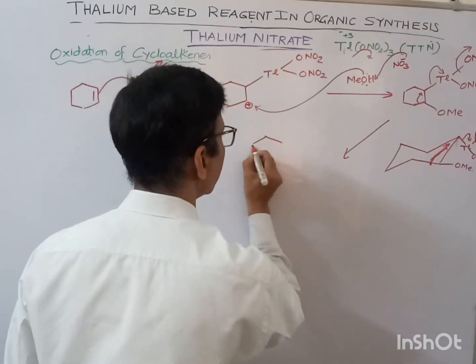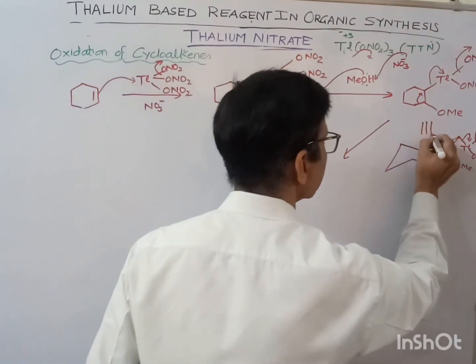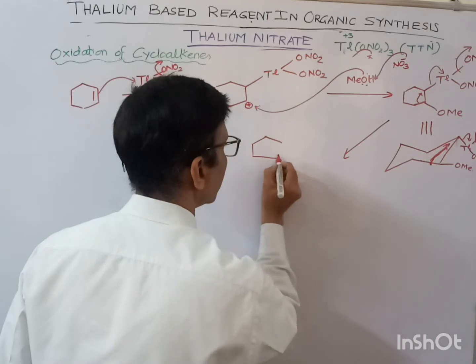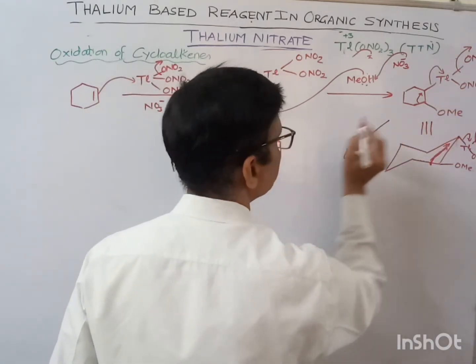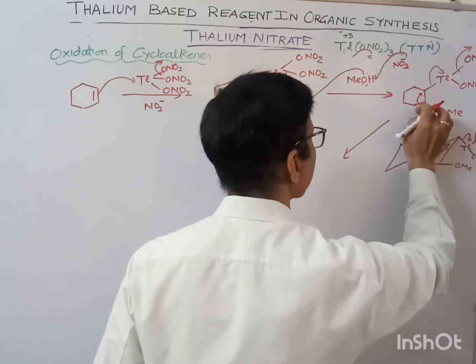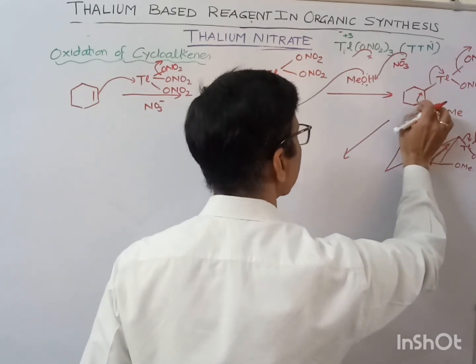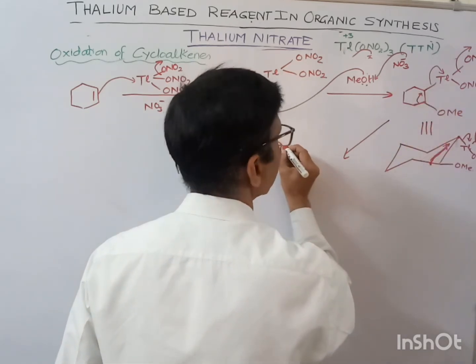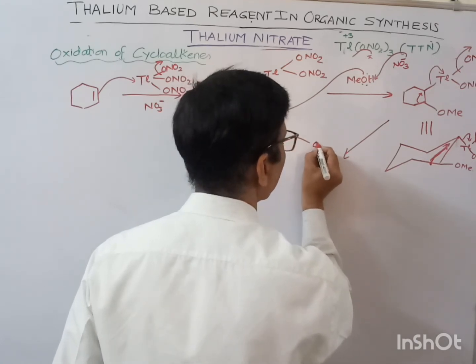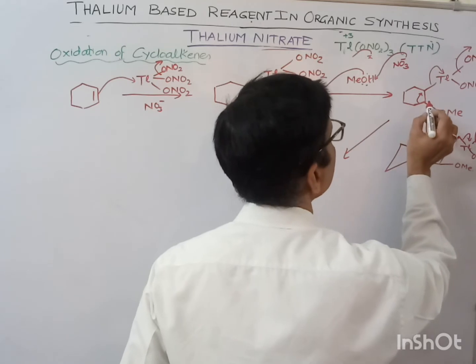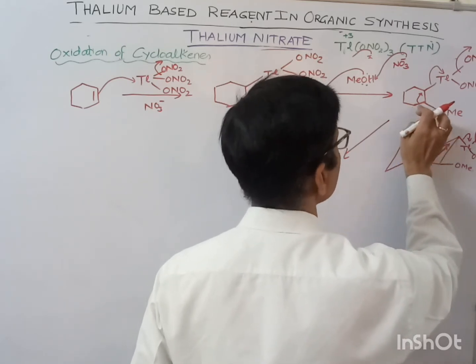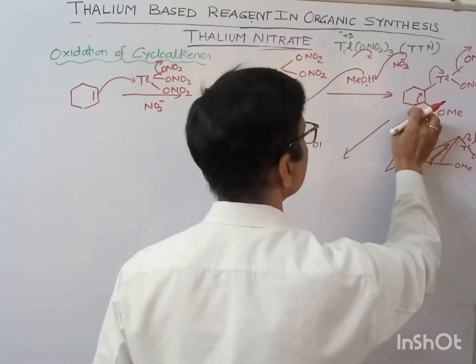So this is equivalent to this. So either we can write, this bond has broken, and O and E. So positive charge will create at this center.